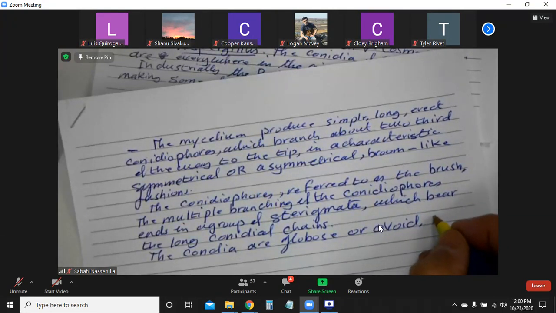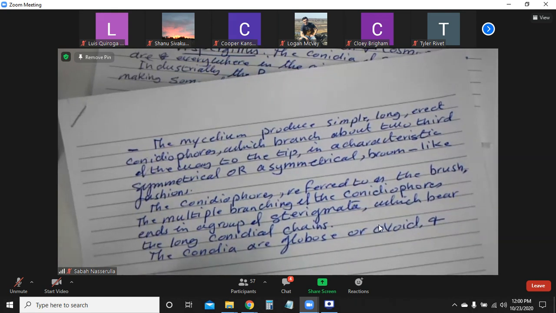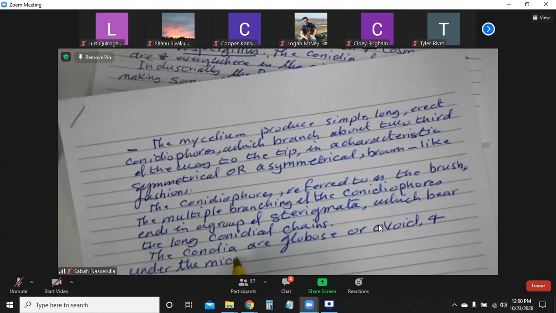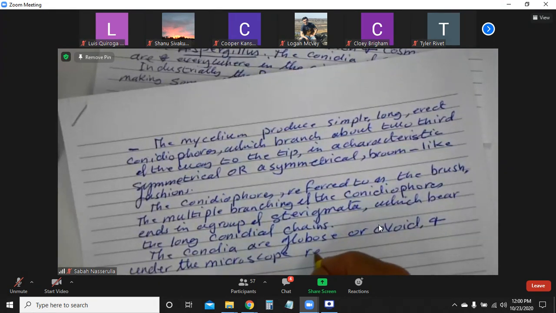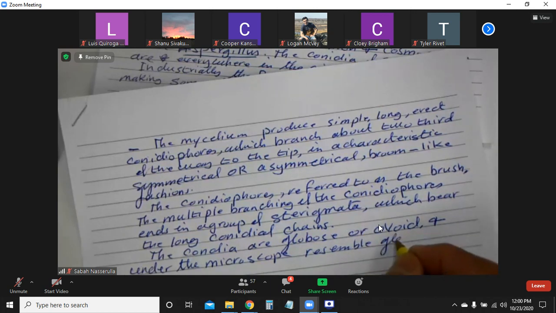And just to make sure, under the microscope they look like, or resemble, glass beads.